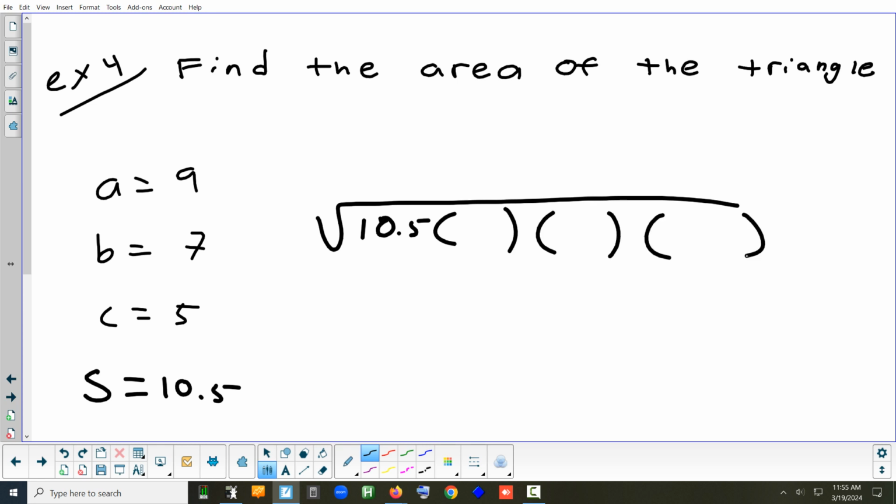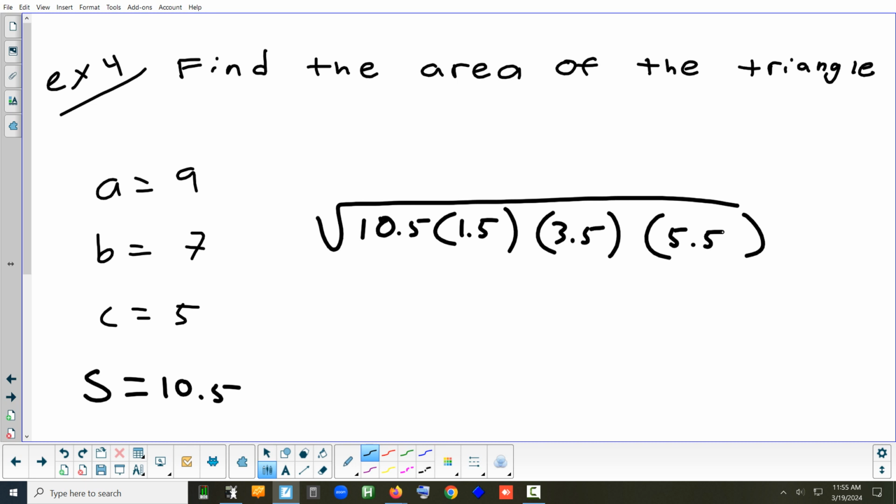And now we need s minus every side. What's s minus a? 1.5. What's s minus b? 3.5. And what's s minus c? 5.5.